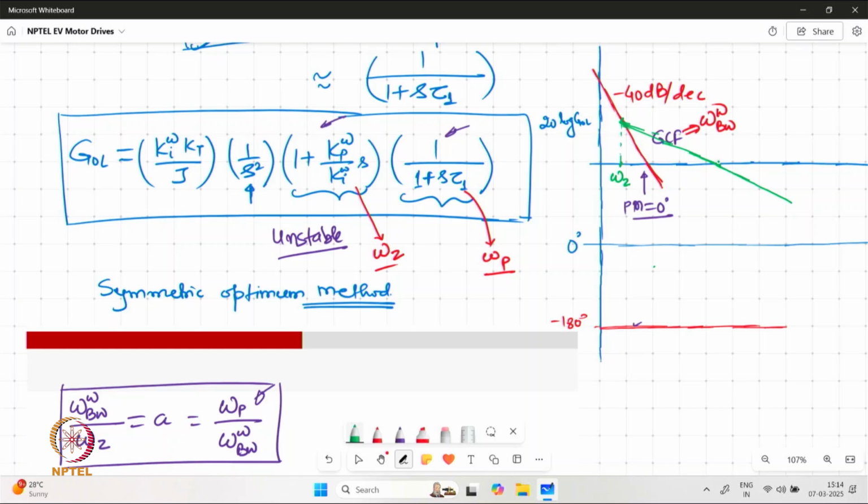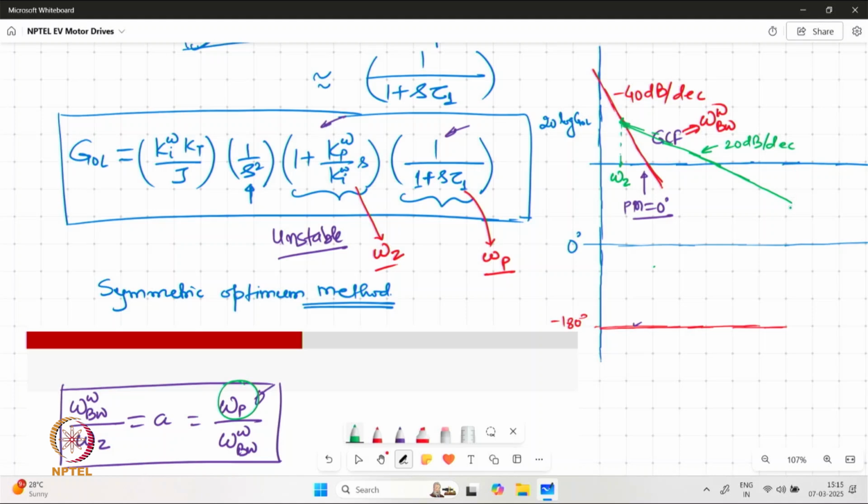Now because our next pole is going to come after the new gain crossover frequency, this plot is going to cross the gain crossover frequency with a slope of minus 20 dB per decade.